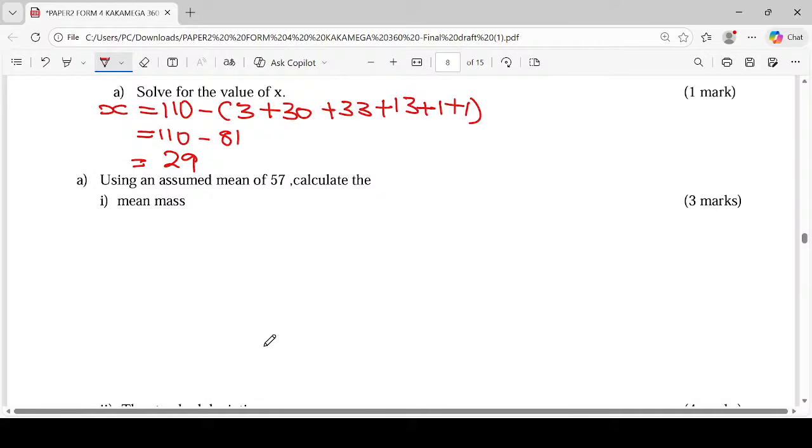Remember, in such a question, if you've been told to use an assumed mean, make sure you stick to that assumed mean.